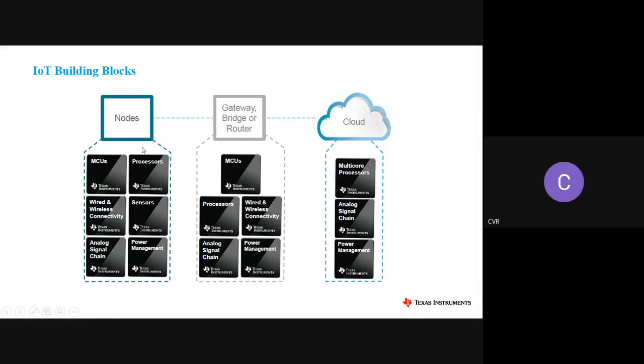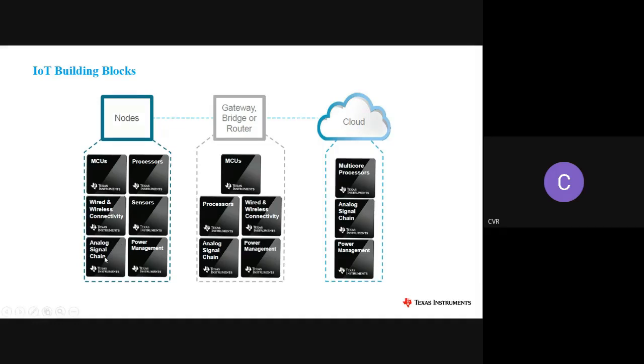In the node, you'll have sensors. The node is typically battery operated, so we have to ensure that the power consumption is low. The sensor converts physical signals into electrical signals. Then you have to do some amplification, filtering, etc. That is done by the signal chain circuit.